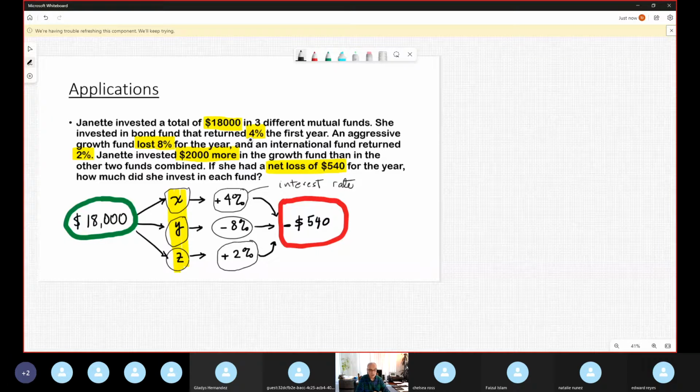If she has a net loss, she lost money. The situation sometimes happens, not always. For the year, the total money that she obtained is negative. Her net loss is $540.